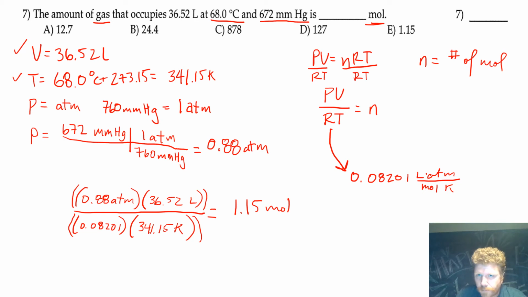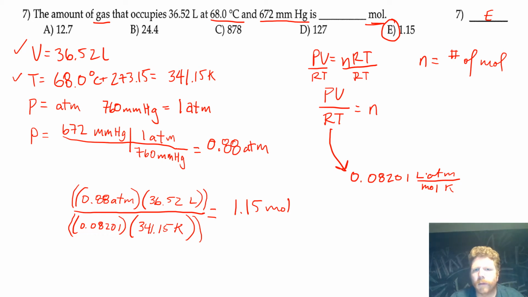Now, if you don't know the ideal gas equation, you're going to struggle with this, so do practice problems like this. One thing worthwhile to know is that 1 mole of a gas at standard temperature and pressure, approximately 296 Kelvin and 1 atmosphere, occupies 22.4 liters.